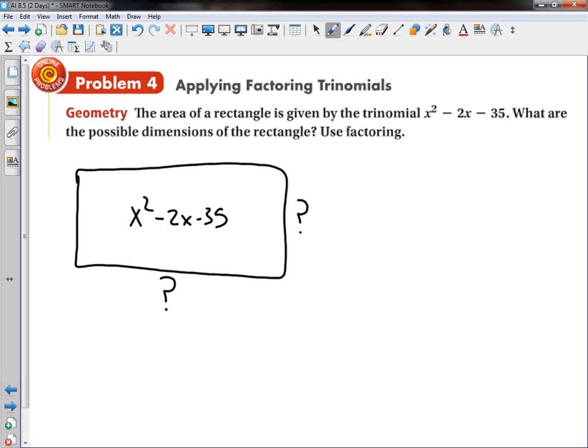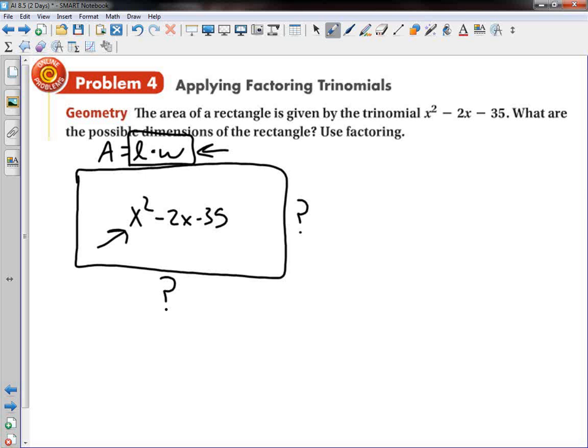Well, I know that area problems are found by the formula area equals length times width. So we have a multiplication, right? That's a multiplication problem, or we think of that as being factored. So if this is my area, I need to find the factored form.